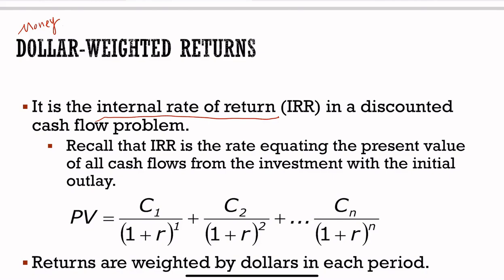So it is really used in this discounted cash flow valuation. Now, what is the definition of IRR? Well, IRR is the return or the rate of return which equates the present value of all cash flows with the initial investment, right?